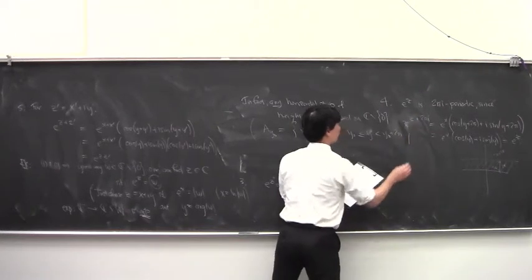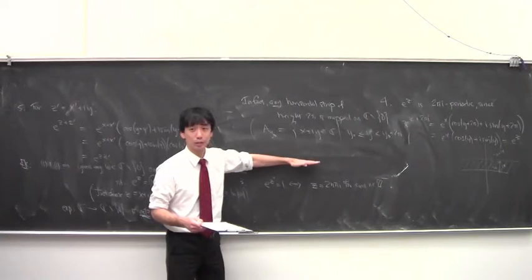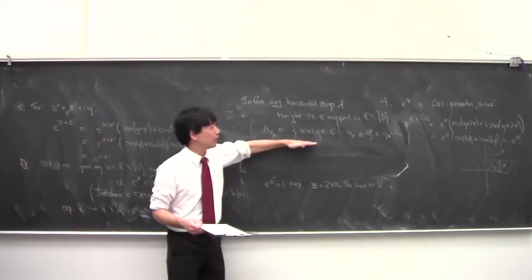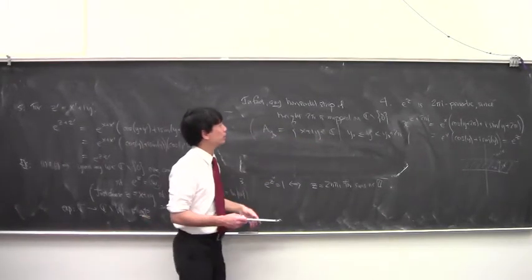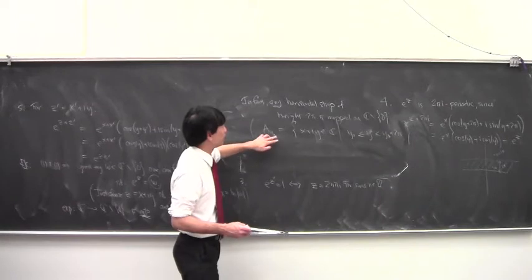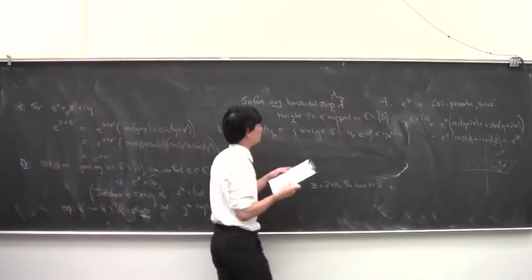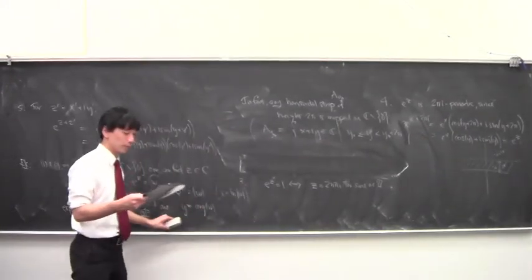So it's the half open strip that starts from height y naught and goes up to height y naught plus 2 pi, but not including the upper boundary. Okay. So any horizontal strip like this, and any of these is mapped onto the plane, excluding the origin.